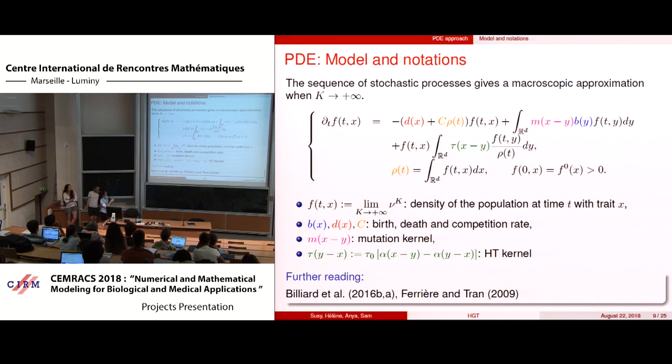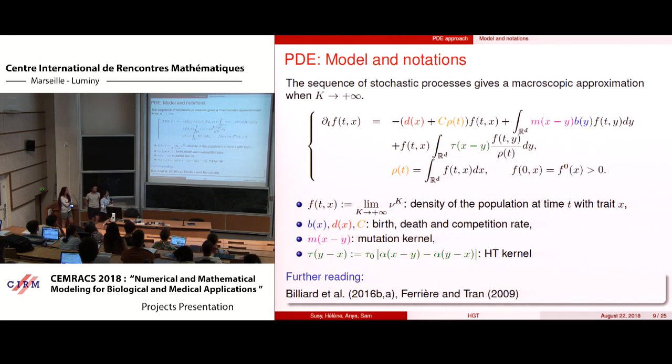For our case, we have an integro-differential equation, which is given with more or less one death term, one burst term, and one transfer term, as in the previous stochastic model. Here D is the death rate, and we have the competition rate C, which is multiplied by the total population size.